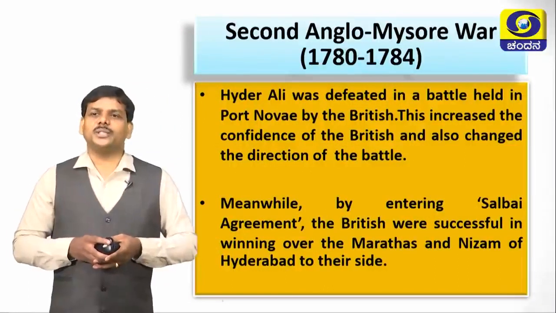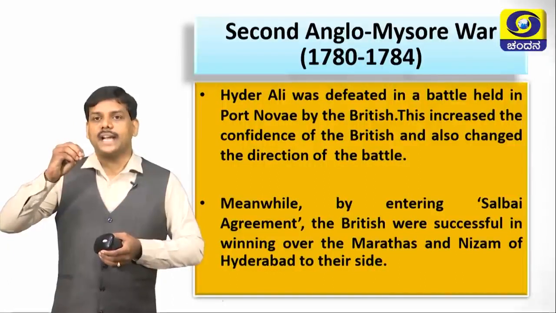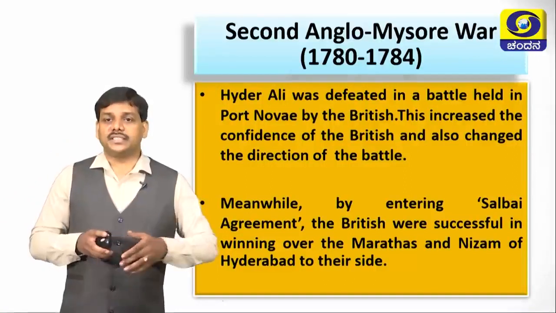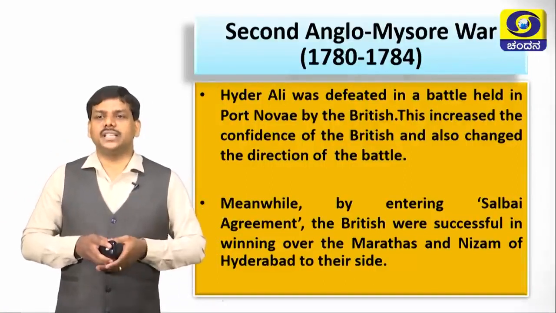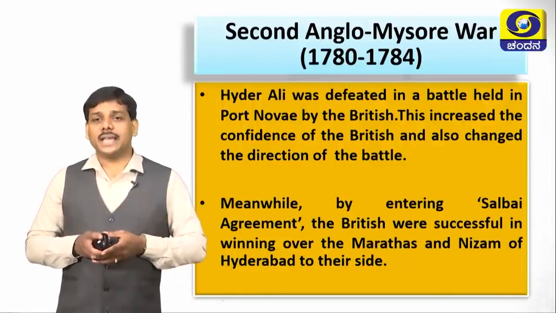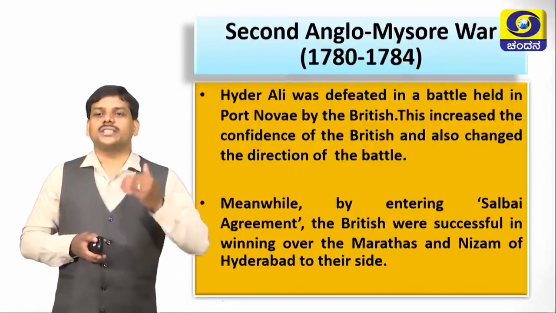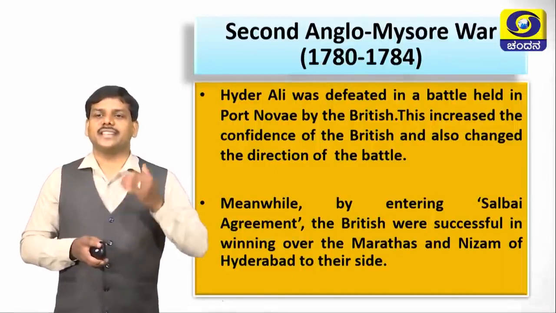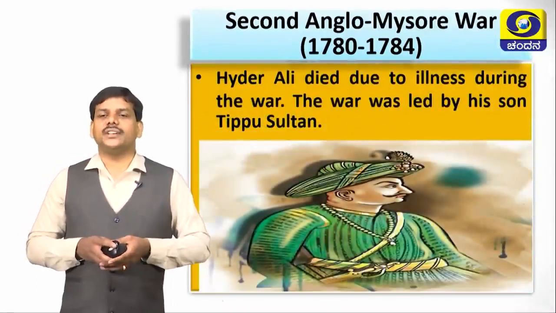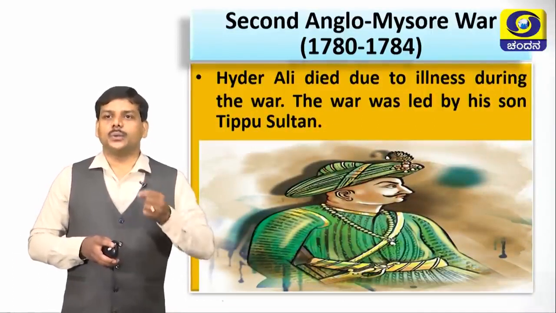When the second Anglo-Mysore war started in the year 1780, Hyder Ali was defeated in the battlefield, especially in a place called Porto Novo. This increased the confidence level of the British and also changed the direction of the battle. At the same time, the British, with the help of the Salbai agreement, were successful in winning over the Marathas and the Nizam of Hyderabad. After that, in the year 1782, Hyder Ali died due to illness during the war.